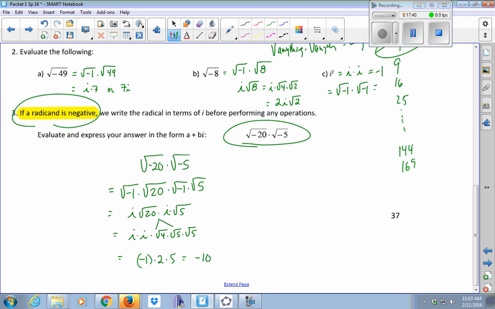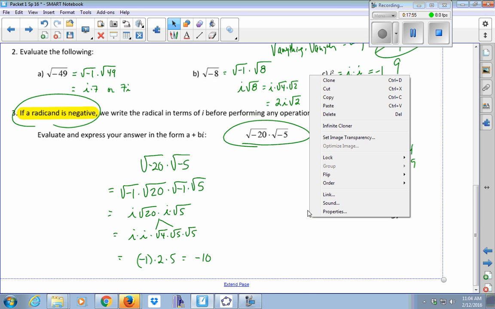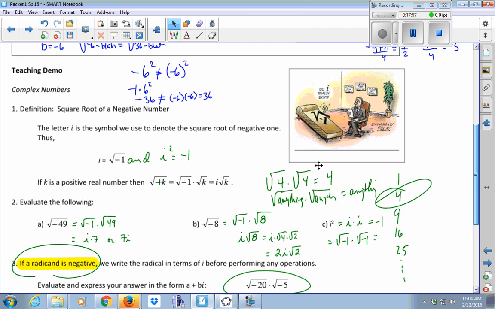Any questions on how we get negative 10, Rose? No? The square root of negative 1 is i, because that's how we defined it back here at the very first step. i is the square root of negative 1.